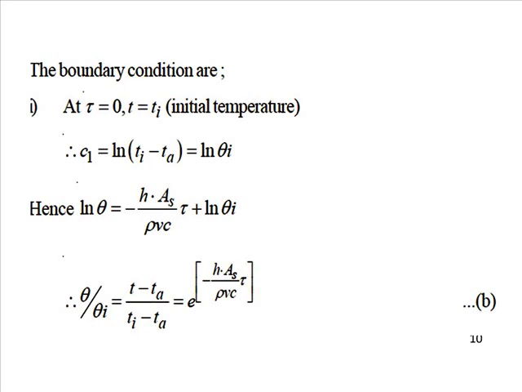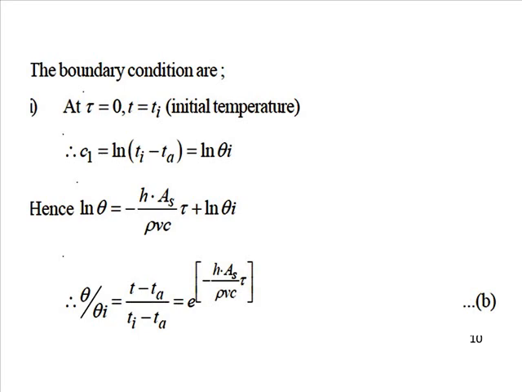So this equation B indicates the temperature variation in the solid body when it undergoes unsteady state heat transfer, where T is the temperature at time tau, Ta is the surrounding temperature or liquid bath temperature, Ti is the initial temperature of the body, h is the convection heat transfer coefficient, As is the surface area of the solid body, rho is the density of the solid, V is the volume of the solid, C is the specific heat of the solid body, and tau is the time.